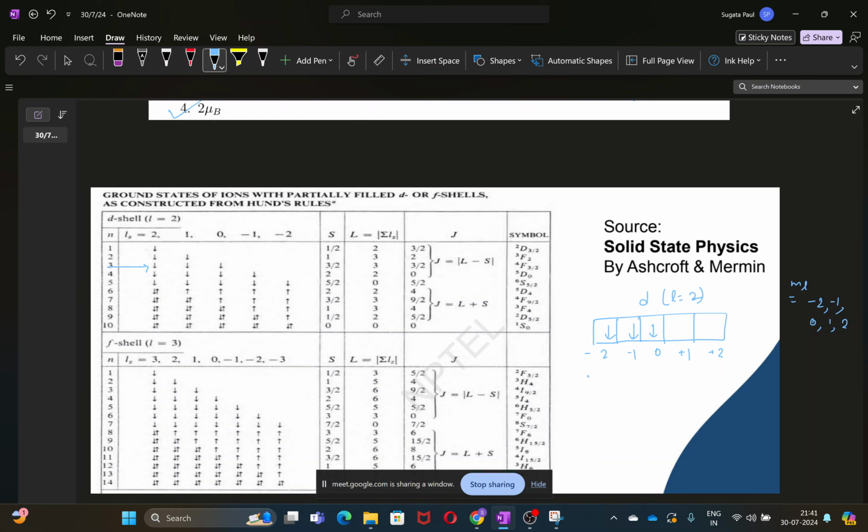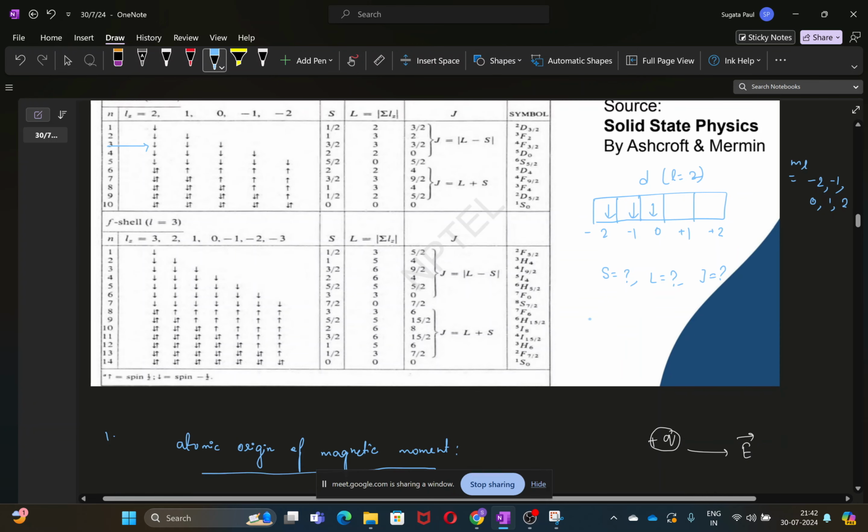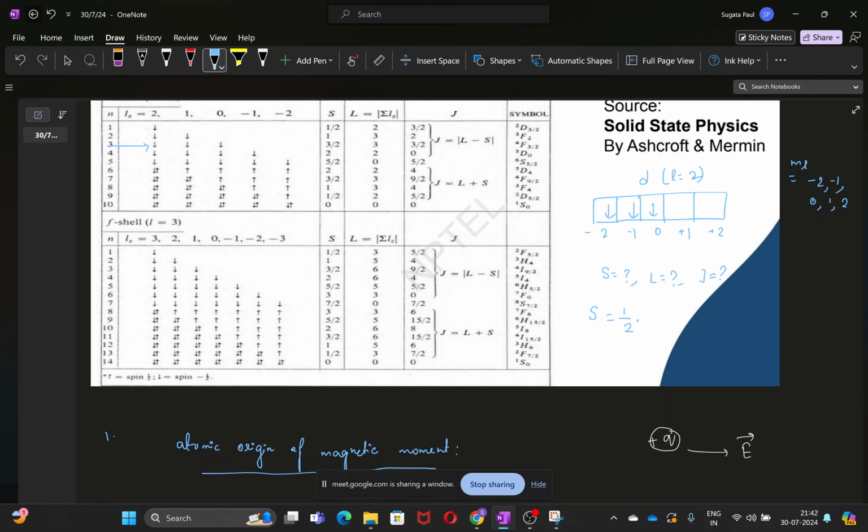First of all, I told you that for calculating the ground state, you have to know the S value and L value so that you can calculate the J value. First of all, there are already 3 unpaired electrons clearly seen in this case. So S value is easy. Half for each of these electrons.